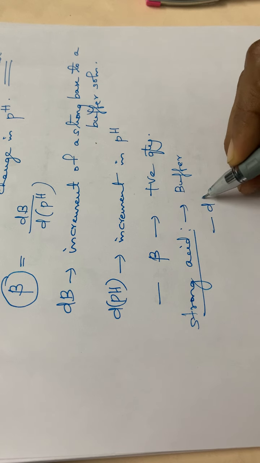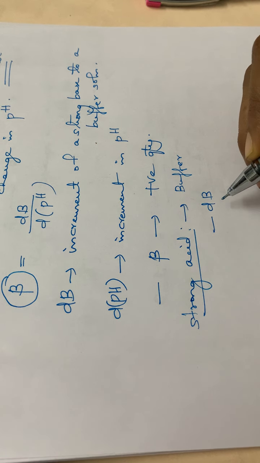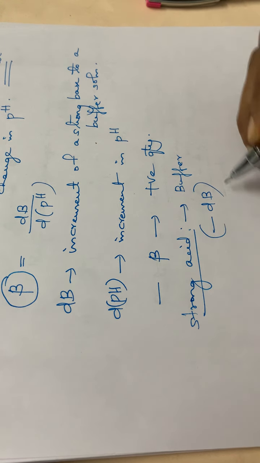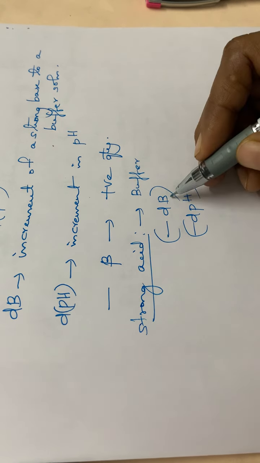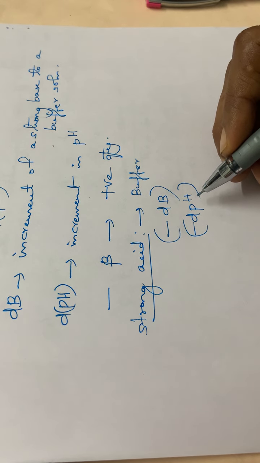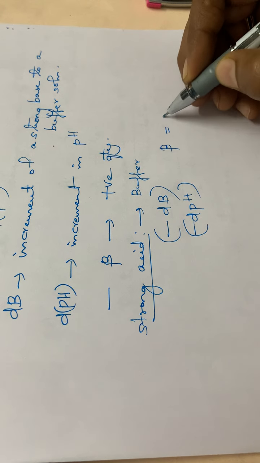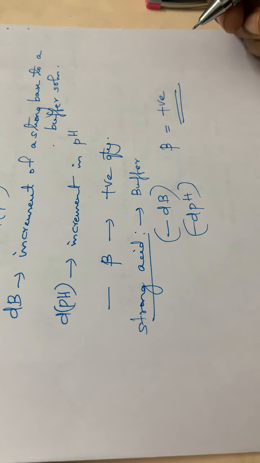So minus dB will be there, that is the negative increment of base, and also it will be minus dpH. So beta will be a positive quantity.